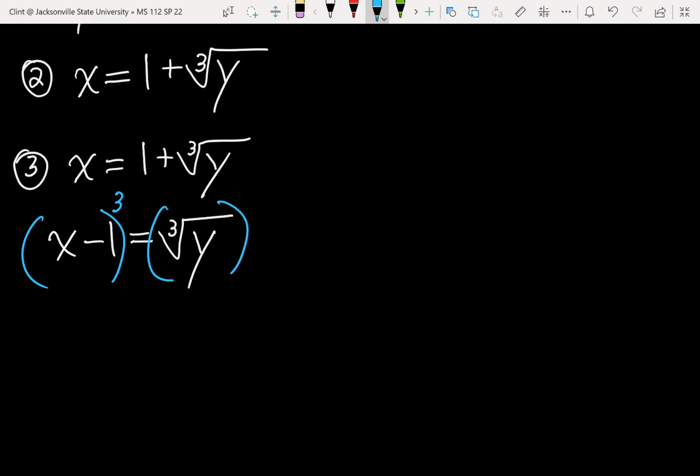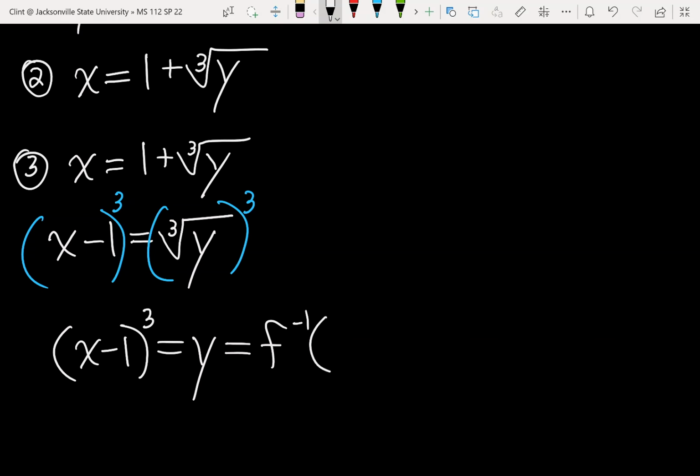That's like squaring a square root, but we're cubing a cube root. So we end up with x minus 1 cubed equals y, and that is f inverse. Here's our inverse.